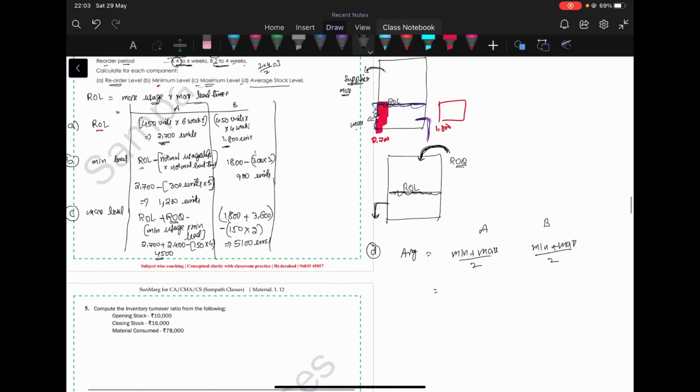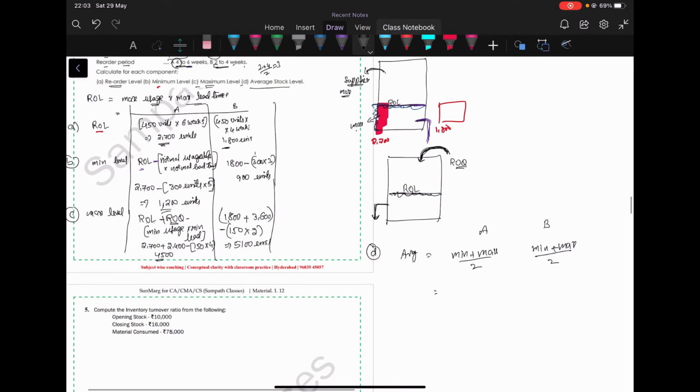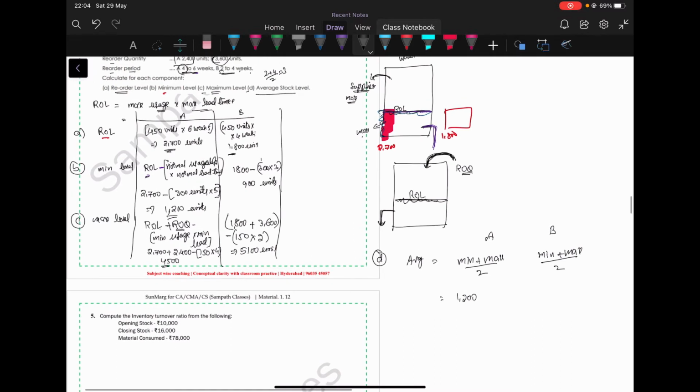So minimum we have 1200 units, maximum we have 4500 units. 1200 plus 4500 divided by 2 is nothing but 2850 for the product A.